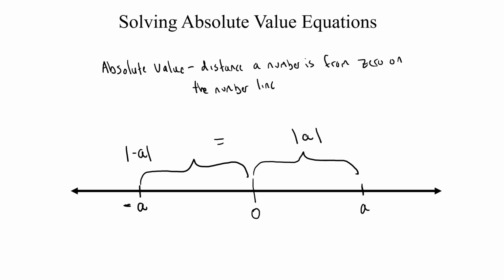So the idea is, if the absolute value of any number x equals a, where a is any constant, that means the value of x can either equal the opposite of a, or the value of x can equal positive a, because negative a and a have the same absolute values. So we'll use this fact to solve some equations here.